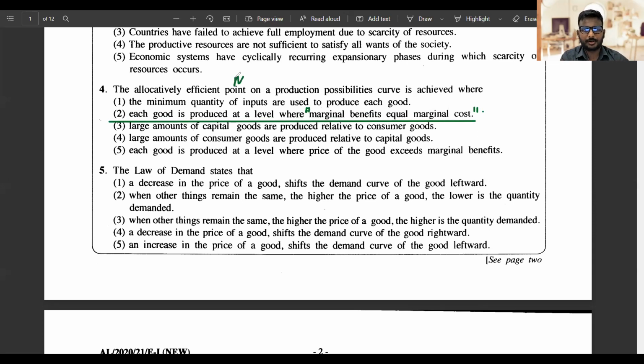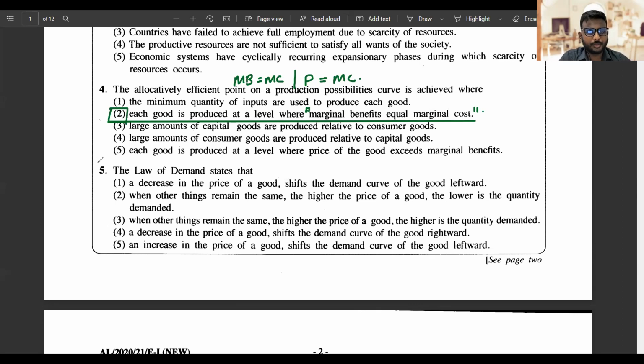The condition that must be met to achieve allocative efficiency is that marginal benefit should be equal to marginal cost, or price should be equal to marginal cost, because price is the marginal benefit. Price means the price you give for a product is the value you get from a product. So marginal benefit and price are the same, and that should be equal to the marginal cost of a product for allocative efficiency to be achieved. So that's what answer number 2 says.